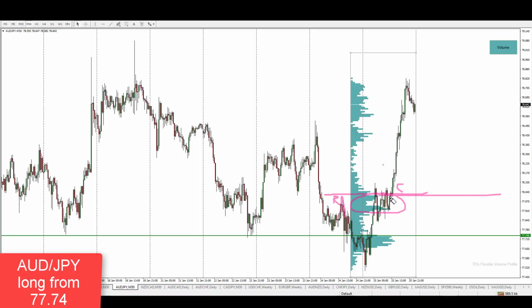But as you can see, the heaviest volumes in this volume cluster were a little bit lower. Actually, a bit low to my liking. So I would prefer the level to be here, but the volumes are heaviest right there. So I'm not really sure where to place the level, and for that reason I won't be trading it, and I'll take this one, which is much more clear to me.